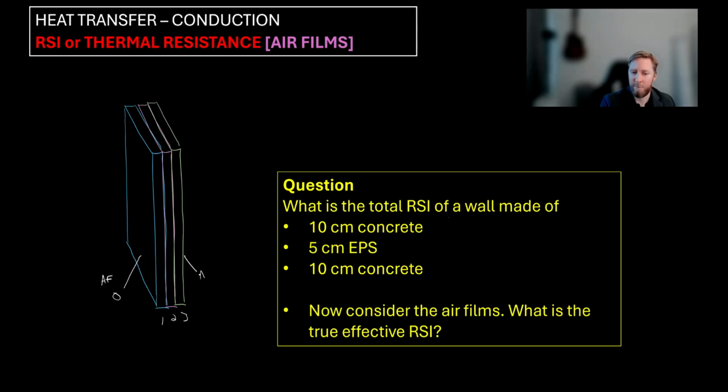And we also have the air film for the interior. So that would be, in that case, 4. So 1, 2, 3, 4 different layers that we've got to consider. And so the question is asking us now, considering the air film, what is the total or the true effective RSI? And we just follow the same process to determine that. So that should be pretty straightforward, and we'll take a look at the answer after you give it a try.